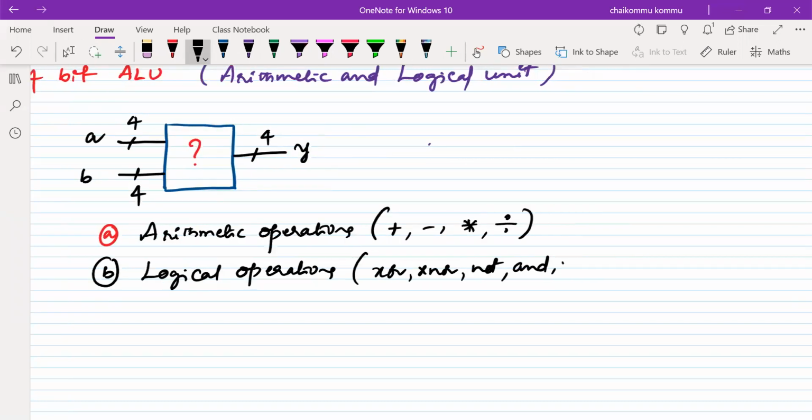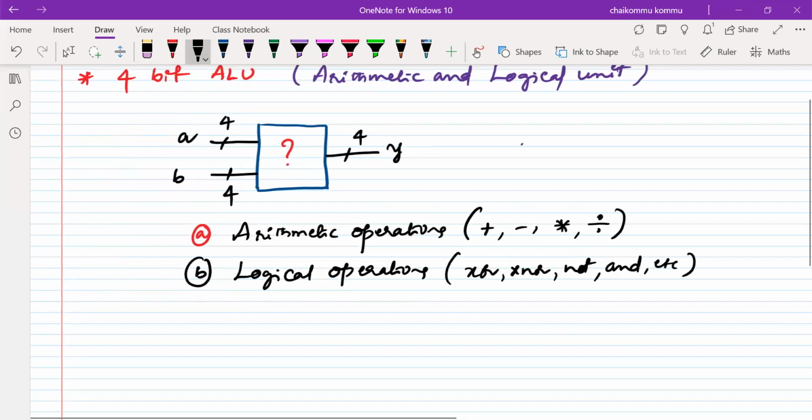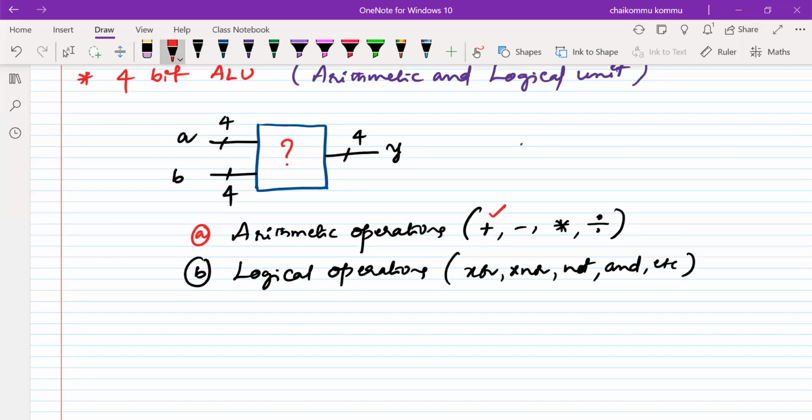So in our example, we are concentrating only on the adder and, for example, XOR, NOT, and AND gate. What does it mean?